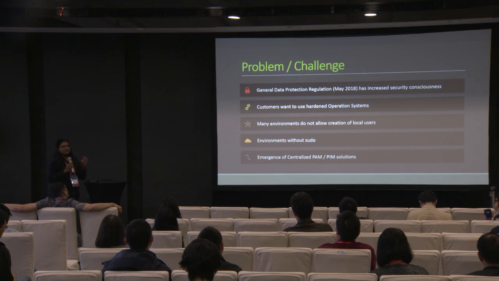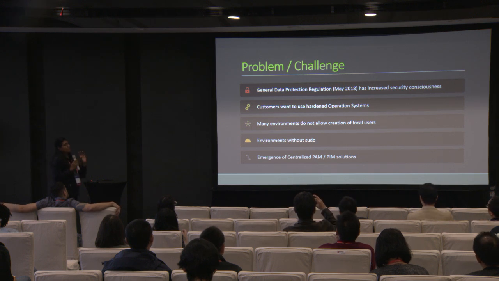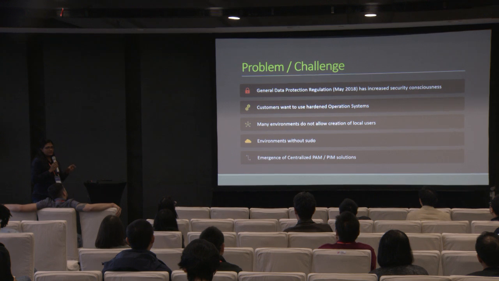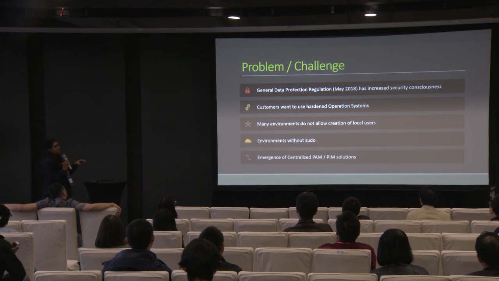So what exactly is the problem or challenge that we are talking about here? So as you know, the importance of focus on security and compliance has really increased in the last 1 year or so with GDPR, that's General Data Protection Regulation, coming in effect since May 2018.